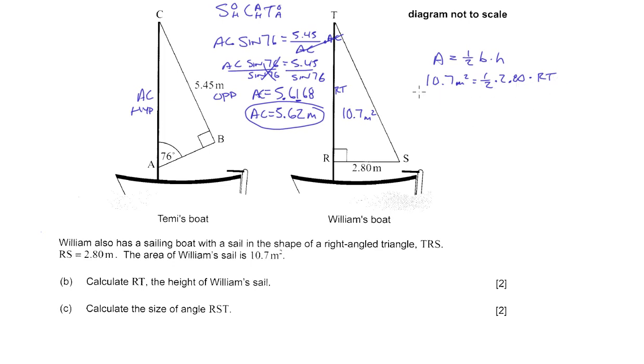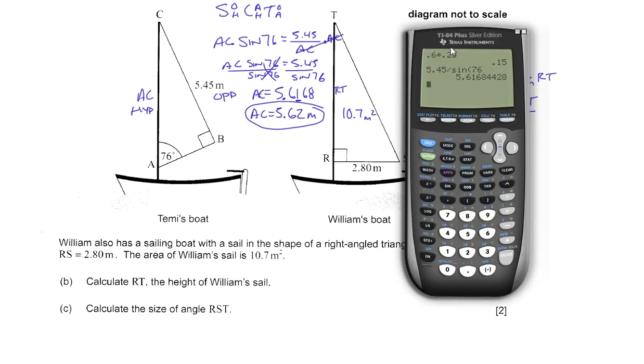Okay. Now we want to solve this so we get RT all by itself. So we got 10.7 meters squared. Half of 2.8 is going to be 1.40 RT. Now we just want to divide by 1.40, and that's meters, right? So that's gone, and we divide that by 1.4 meters as well.